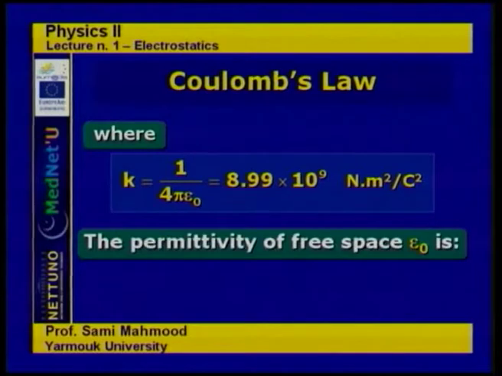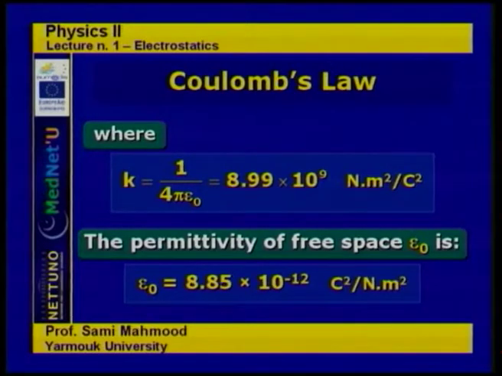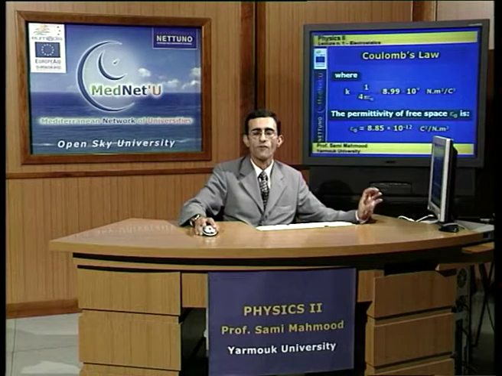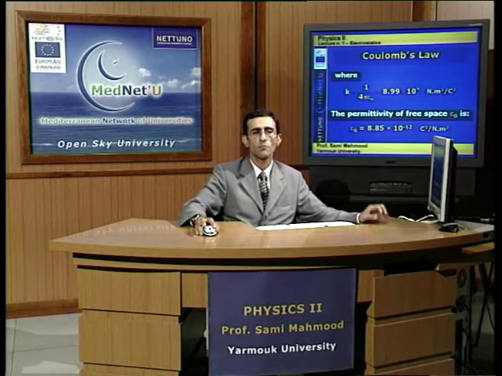And here, epsilon naught is the permittivity of free space, which is equal to 8.85 times 10 to the minus 12 Coulomb squared per Newton meter squared. That is the permittivity of free space. Thus, we have a formula that gives us numerically the strength of the force of interaction between two point charges that is given by Coulomb's law.